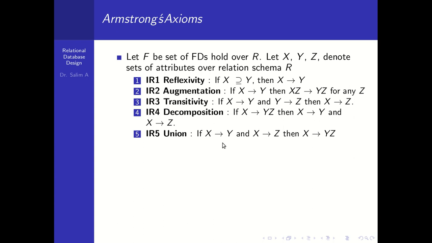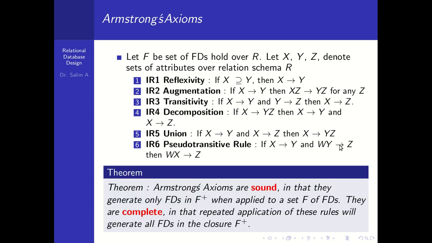If X determines Y and X determines Z, then we can say X determines YZ. That is the union. There are two FDs, X determines Y and X determines Z, and you can have another FD, X determines YZ. That is the union rule, inference rule 5.